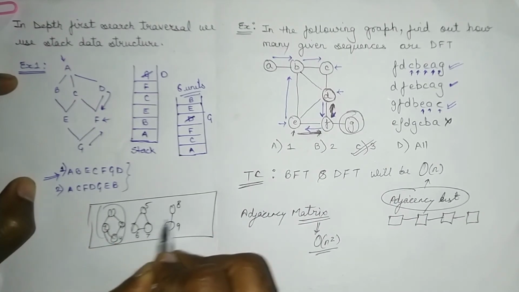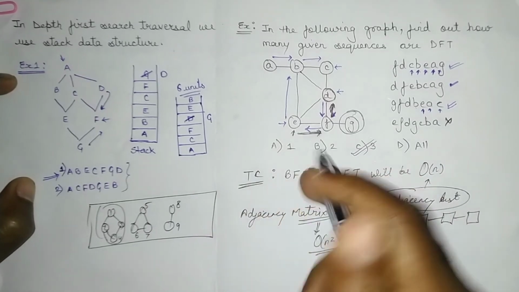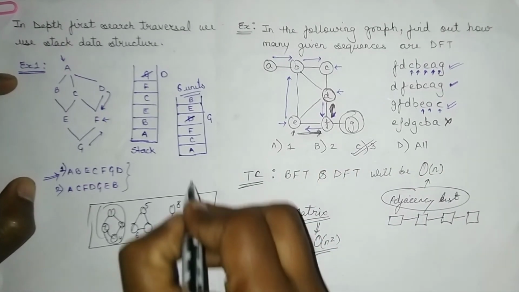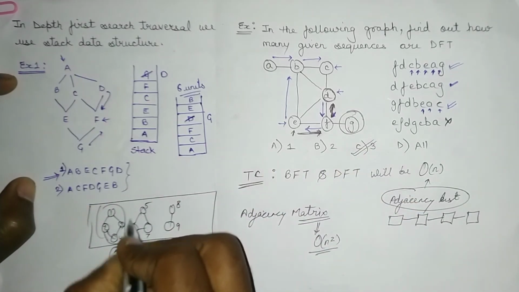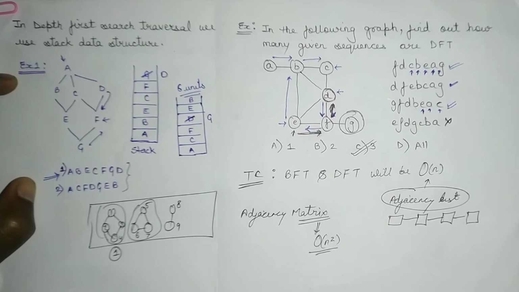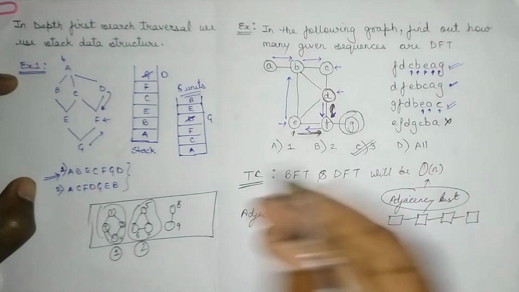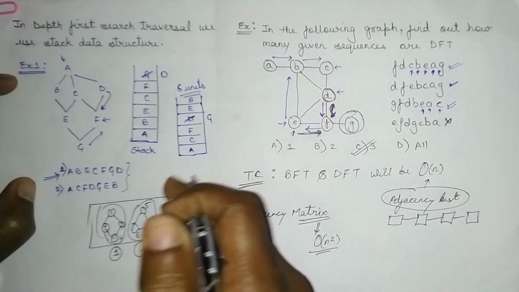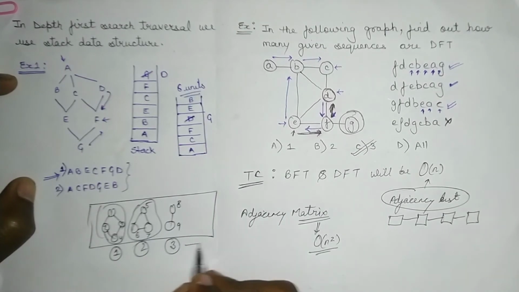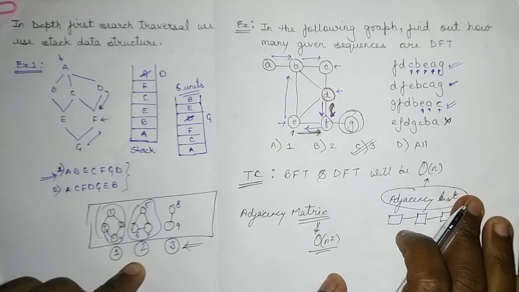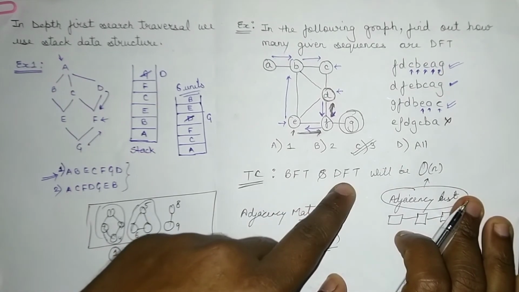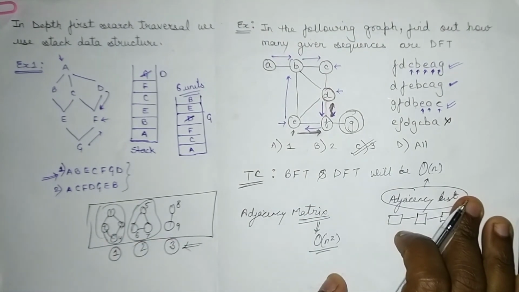Then to complete these two components, you have to apply the BFT or the DFT again. The first time you find one component, the second time you find another component, and the third time you get another component. So how can you find the number of components? The number of times you have to apply BFT or DFT is equal to the number of components available in the graph.